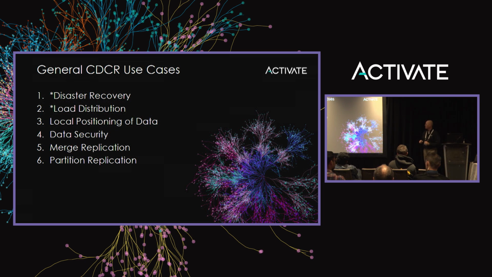There's another use case for replication, which is merge and partition replication, which are variations on the traditional replication theme, and I'm going to actually get into a use case in a minute. Basically, merge replication is where you've got data in multiple places and you want to aggregate that content into a single repository somewhere. And partition replication is the reverse of that, where you've got data in a single repository and you want some of it to be replicated to A, some to B, some to C.